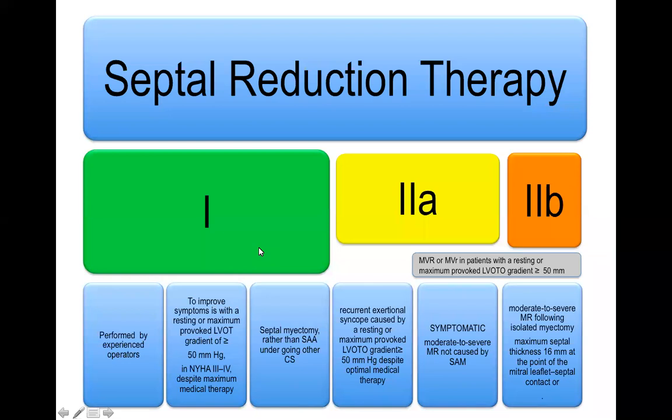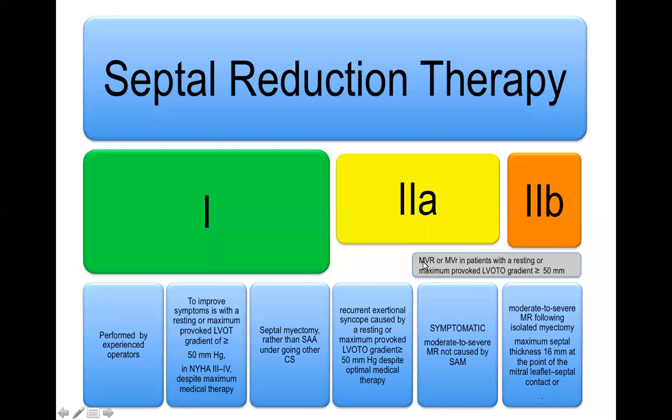And again, class 1: septal myectomy in patients undergoing other cardiac surgery. Class 2A: recurrent exertional syncope caused by resting or maximum provoked LVOT gradient more than 50 despite optimal medical therapy.